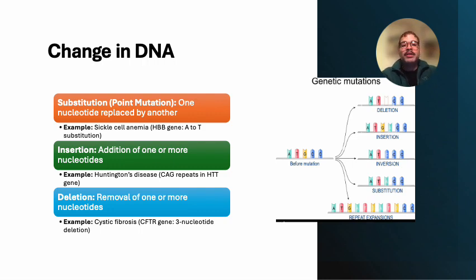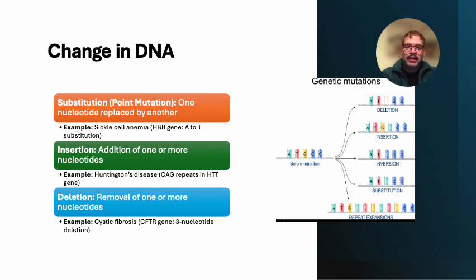I will be talking about 3 examples of gene mutations that give an understanding of how these sequences are affected. The first one is substitution point mutation. One nucleotide is replaced by another.